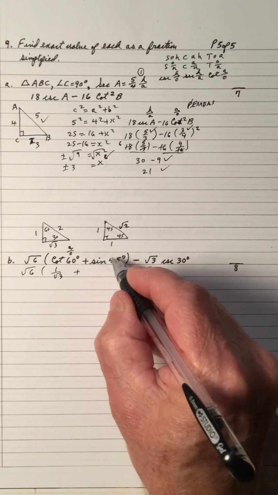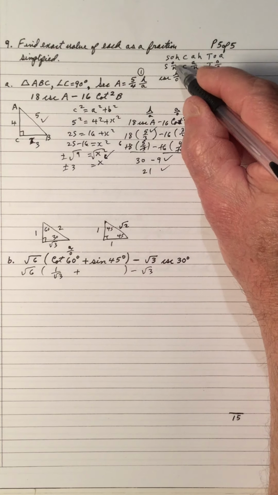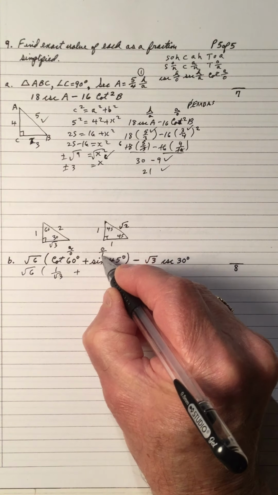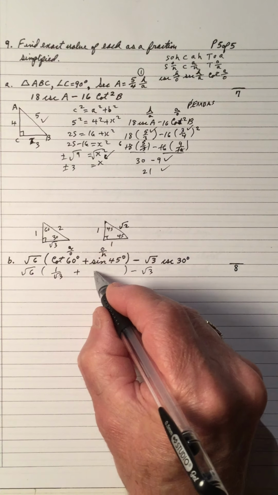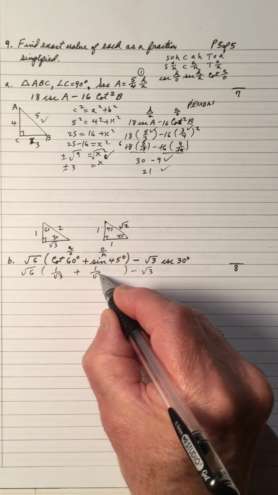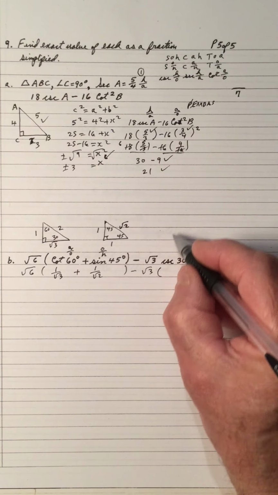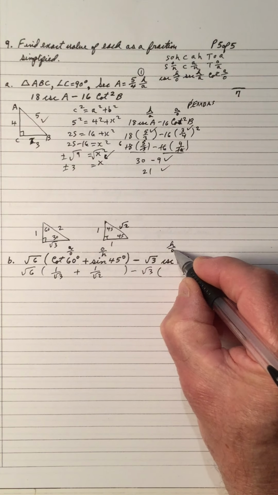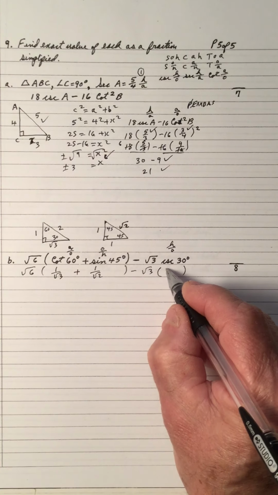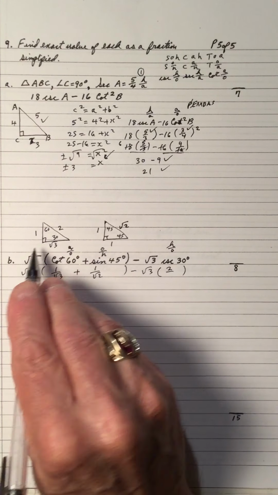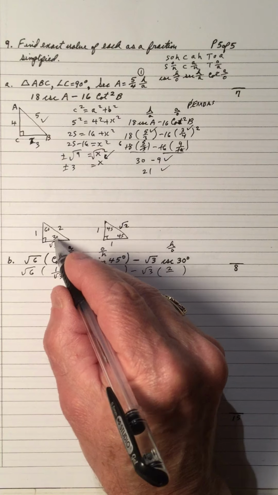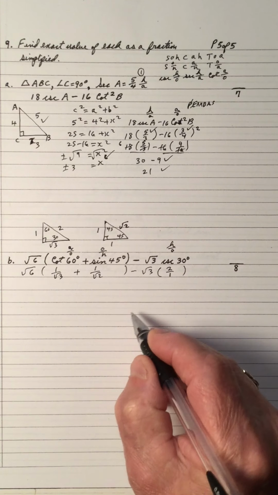Plus sine. Sine is opposite over hypotenuse. For 45, opposite is 1 over root 2. And we've got the cosecant of 30. Cosecant is hypotenuse over opposite for 30. Hypotenuse is a 2, and for the 30-degree angle, opposite is a 1.